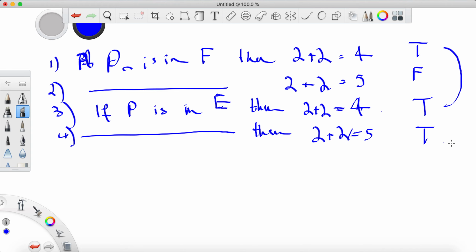Okay, so that does it for just the truth values of these statements. I said we would do that. And now I would like to just make a general remark.